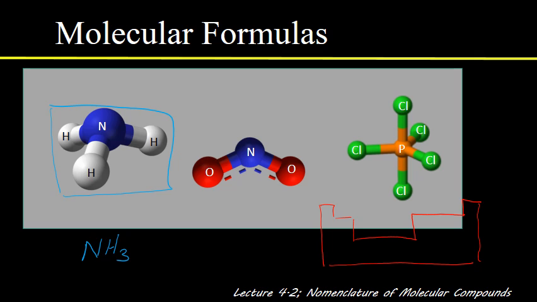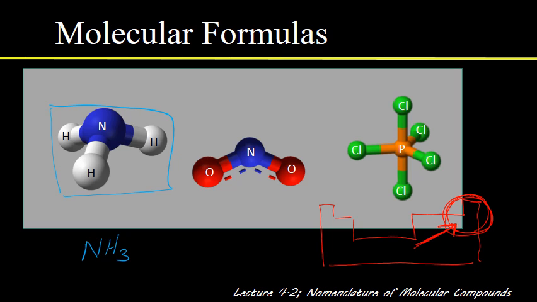It's helpful to know that electronegativity increases as you move to the right and toward the top of the periodic table, so this part over here is where the most electronegative elements are.